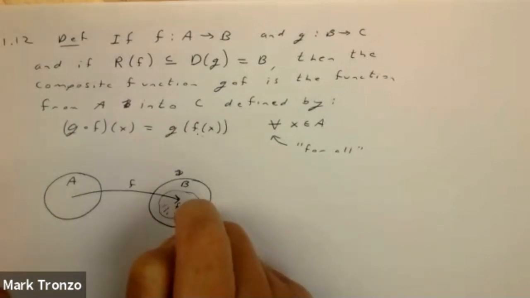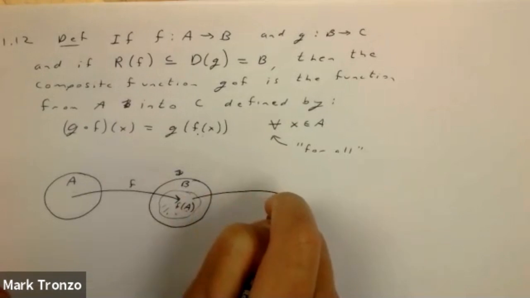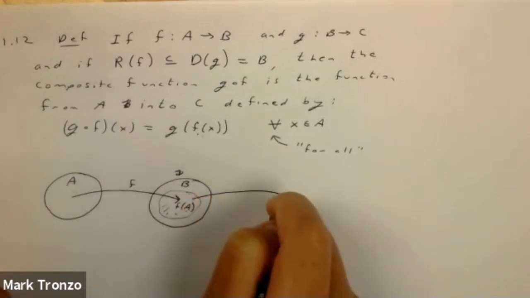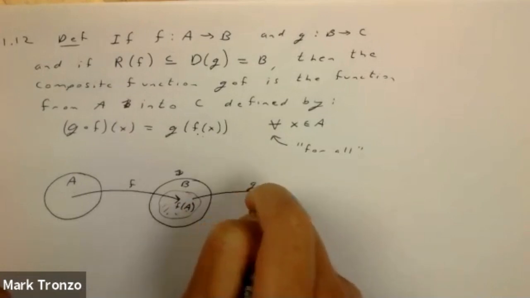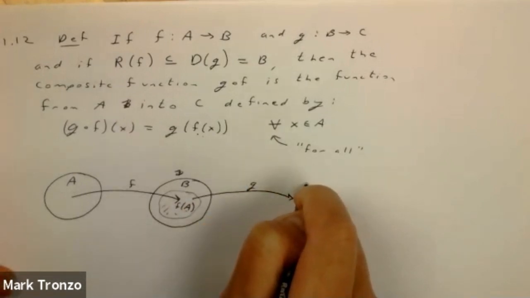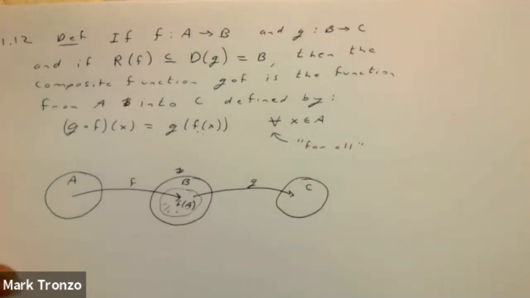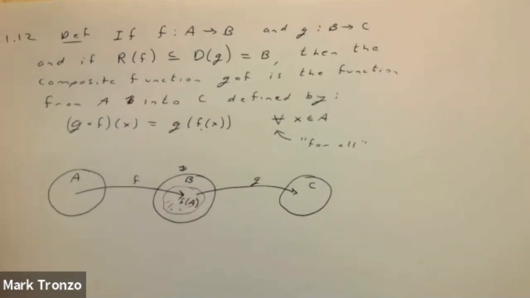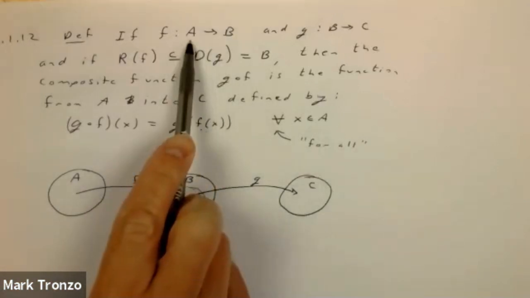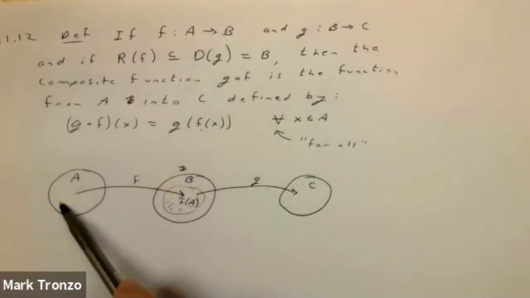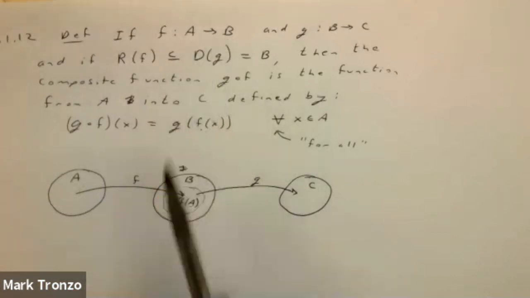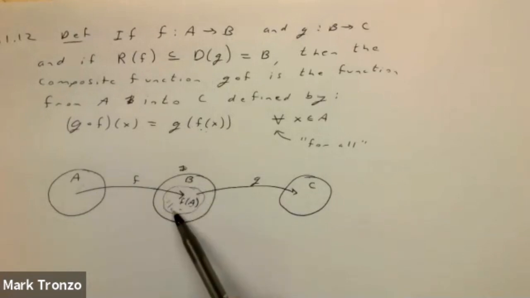And then our function g will go from B to a set C, like this. So in other words, you have a set A, and the function f takes stuff from the set A and maps it into the set B somewhere.